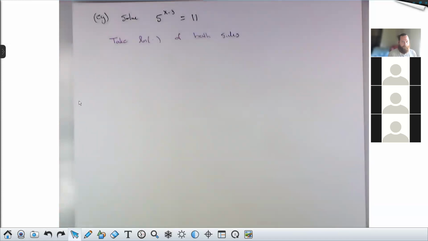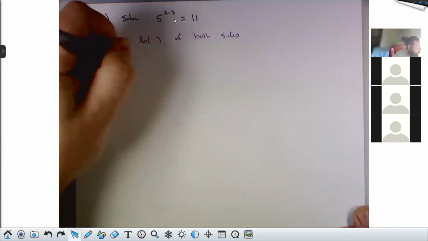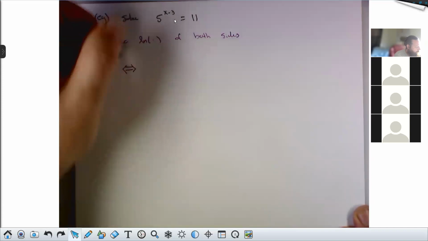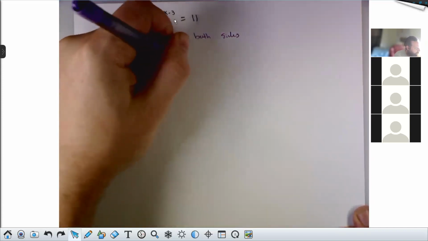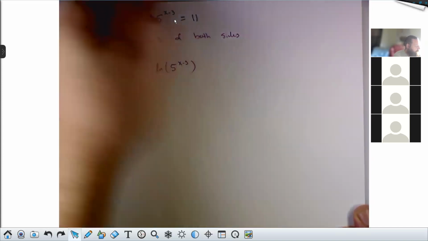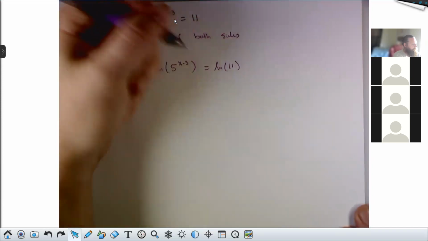And it might seem like this isn't going to work out the same way because the base here is 5, but we'll use some slightly different properties of logarithms to get ourselves to that answer. And then we won't need the change of base formula. So if I take the natural log on both sides, I'm going to get the natural log of 5 to the x minus 3 equals the natural log of 11.